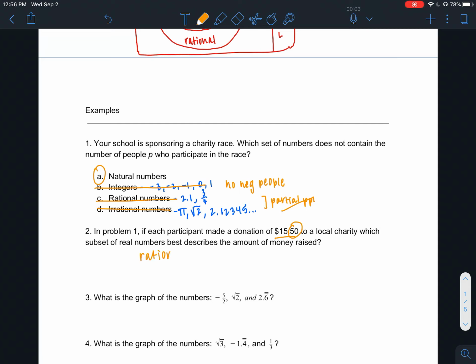So rational numbers, because the amount might, keyword is might, contain decimals, which are terminating decimals.